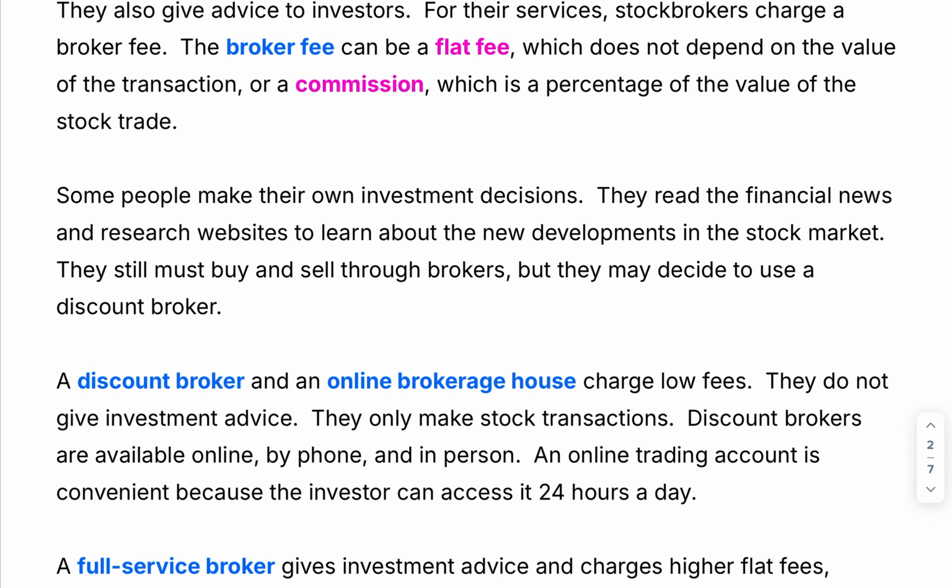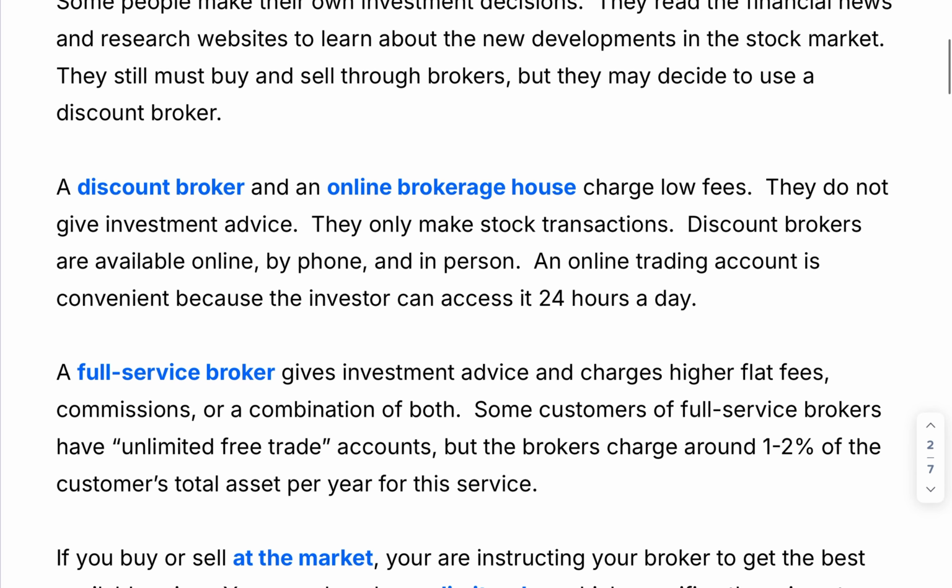In either case, they still must buy and sell through brokers, but they may decide to use what's called a discount broker. Now, a discount broker is an online brokerage house that charges lower fees. They don't give you investment advice. They only make those stock transactions for you.